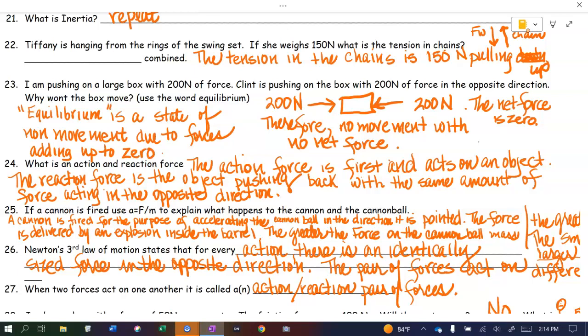Yeah, so we didn't use that word, did we? Equilibrium. Yes, equilibrium is simply a state of non-movement due to forces adding up to zero.